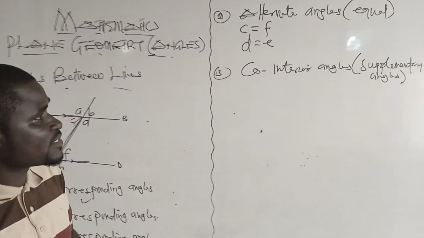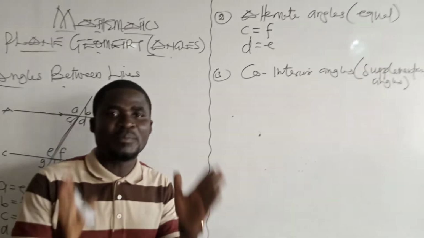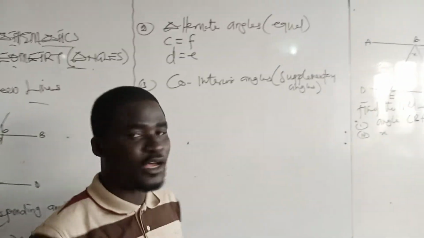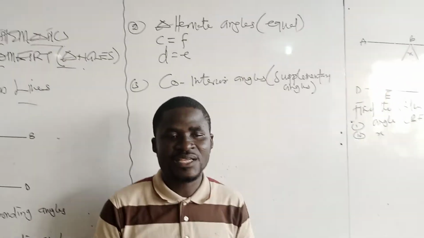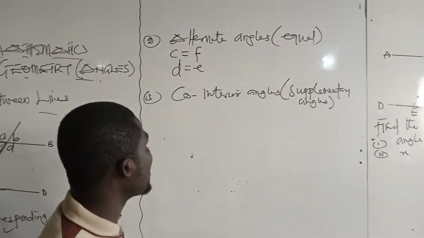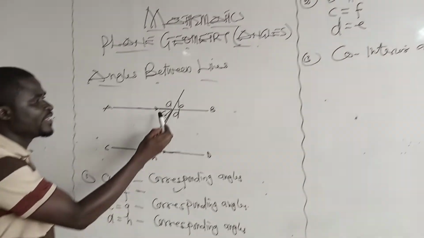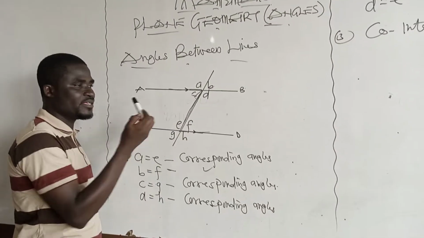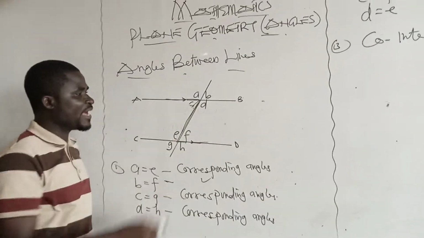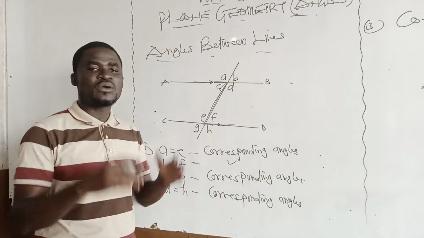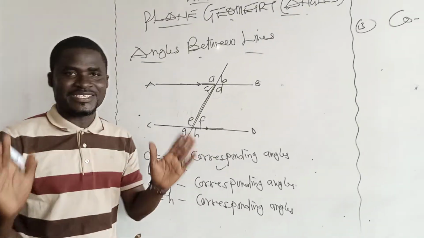Co-interior angles are also known as supplementary angles. Now let's go and see our co-interior angles. Now we have C and E. C and E, they are co-interior angles, and co-interior angles are equal to 180.